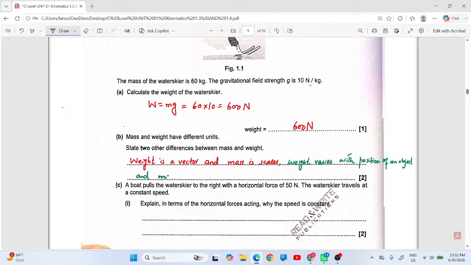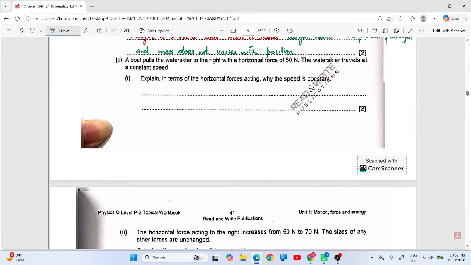Mass does not vary with height or position. I mean, mass is a constant quantity.